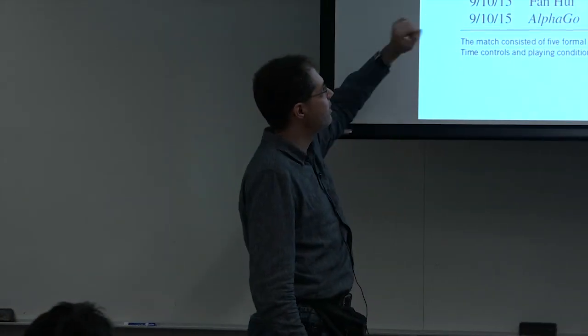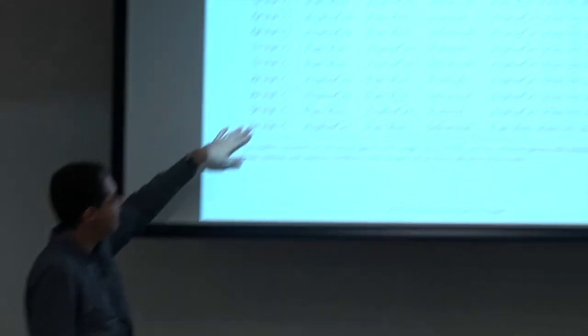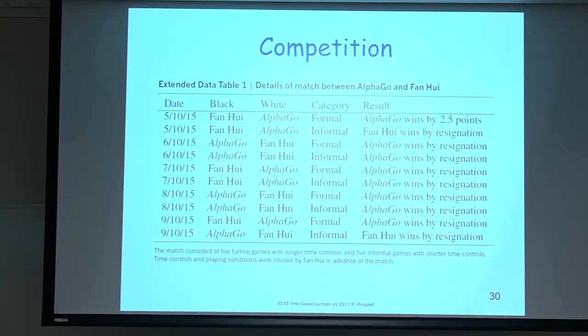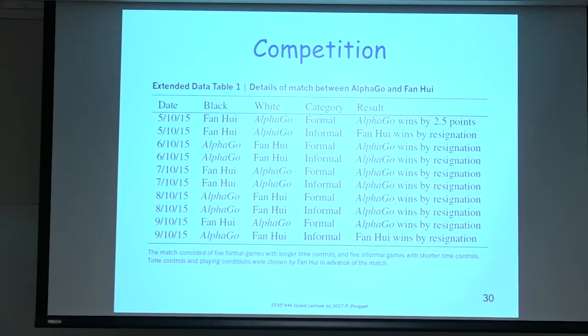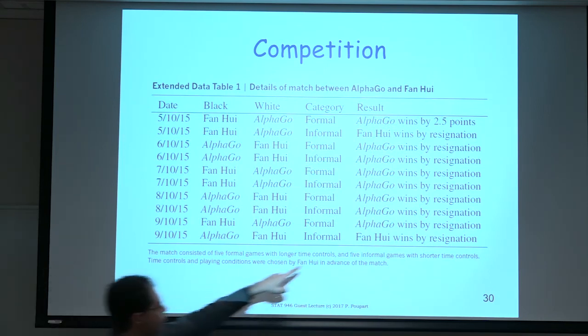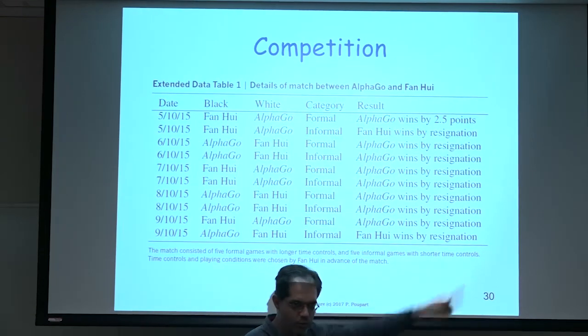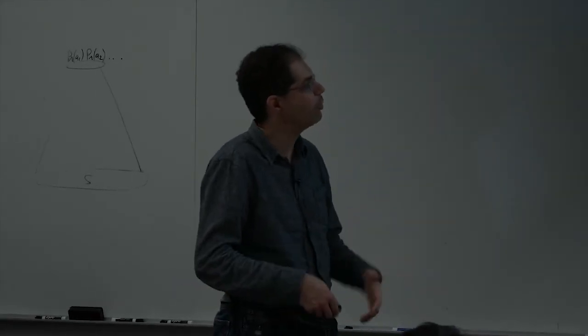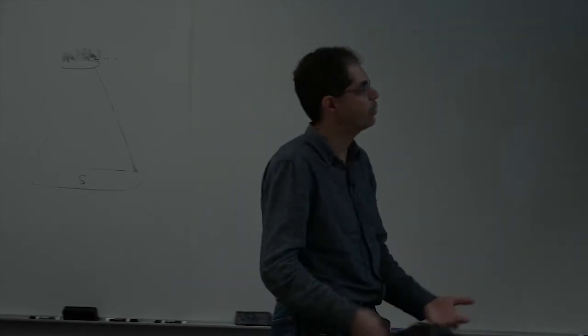Okay, so the results of applying this in some of the games that AlphaGo played with Fan Hui, who was one of the top players in Europe, yielded the following results. So there were formal and informal games. I believe the main difference is that the informal games had shorter time control, so that means players had less time to select their next action, and it was just the formal games that were really counting in this tournament.